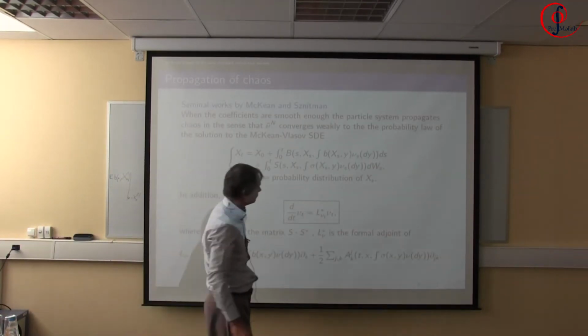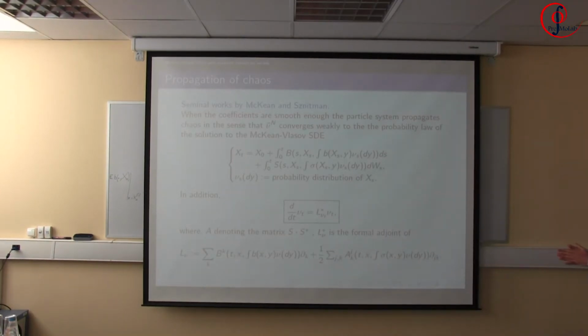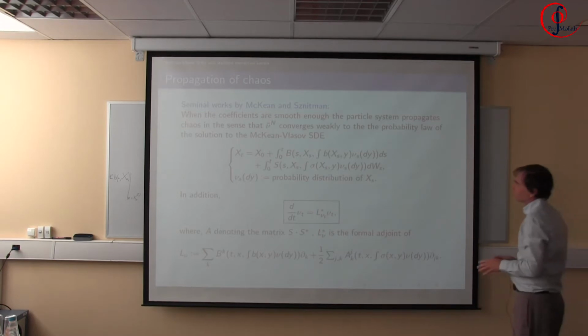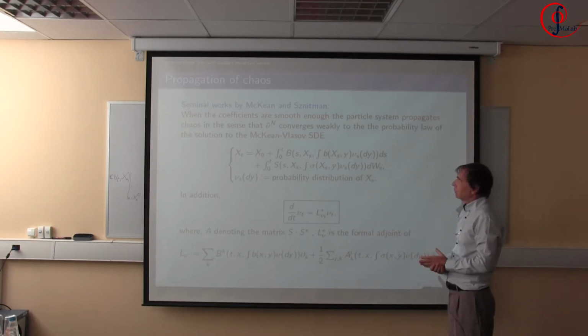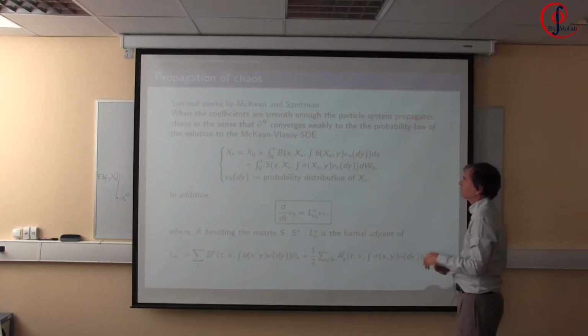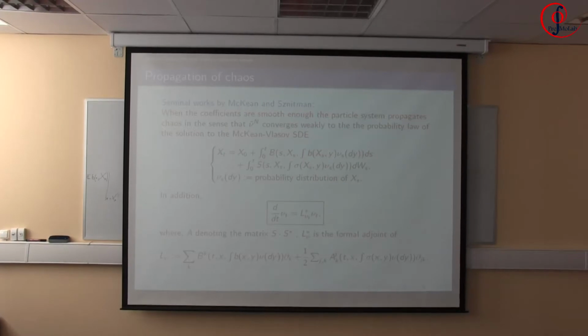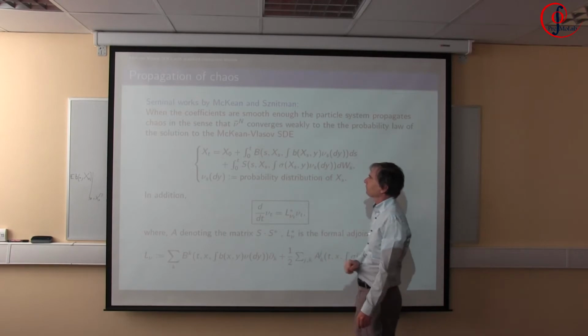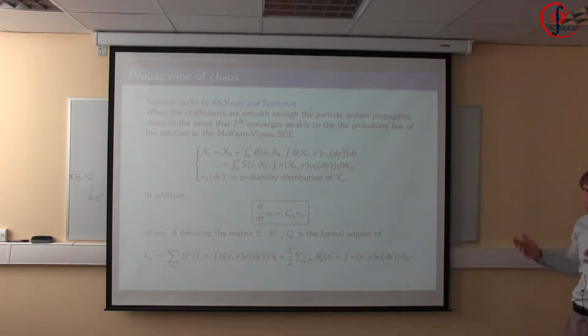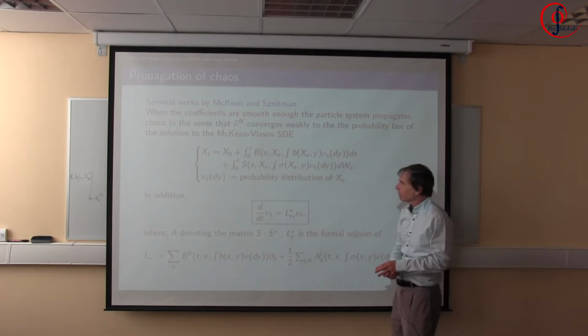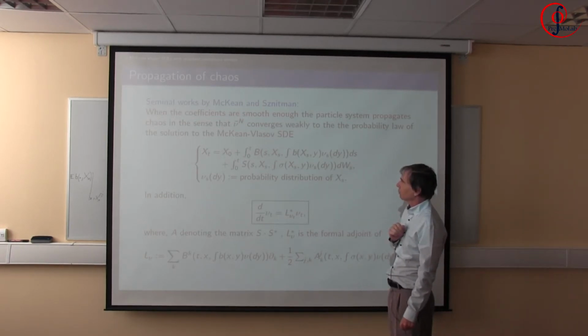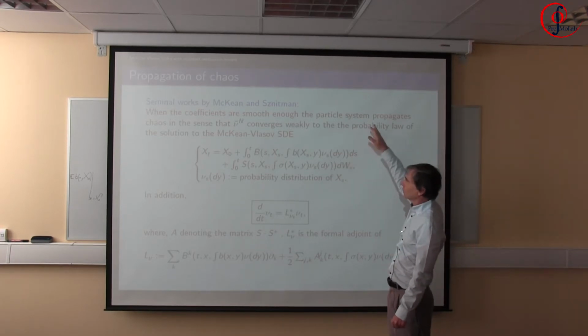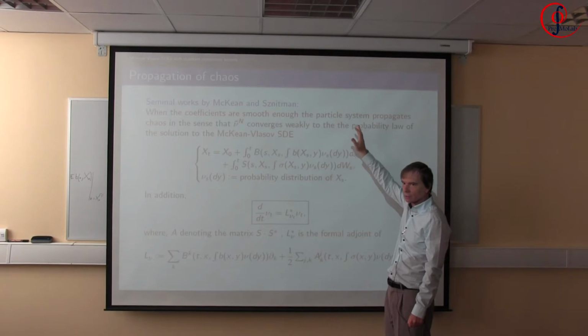And actually, the theory initiated by McKean in the 70s and then continued and extended in various directions by Sznitman in the 80s tells you that if all the coefficients, capital B, capital S, B, and sigma, are smooth enough, Lipschitz say, then the particle system propagates chaos in the sense that the empirical distribution of the particles converges weakly to a probability measure on the space of trajectories.